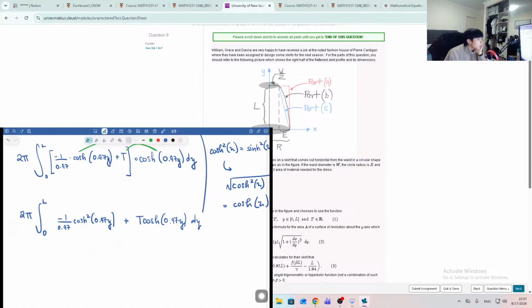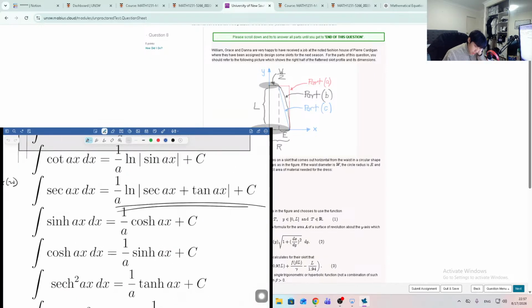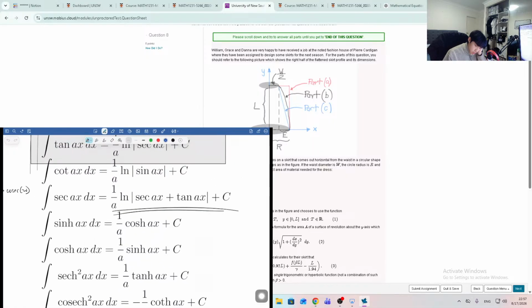You integrate cosh squared, what do you get? And you integrate sinh, you get a cosh. But we have our table of integrals out. If you integrate cosh squared, what happens?